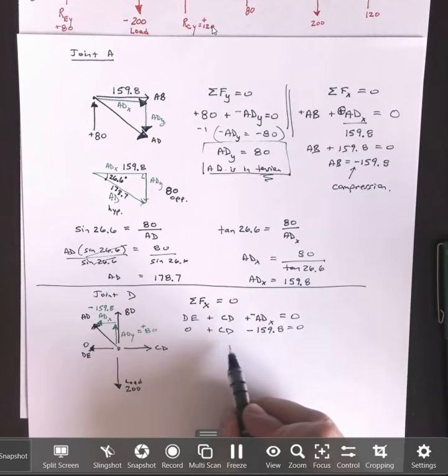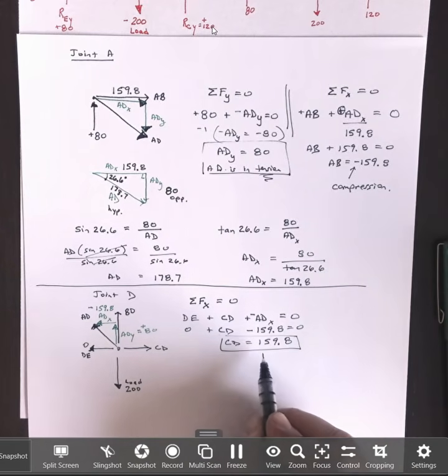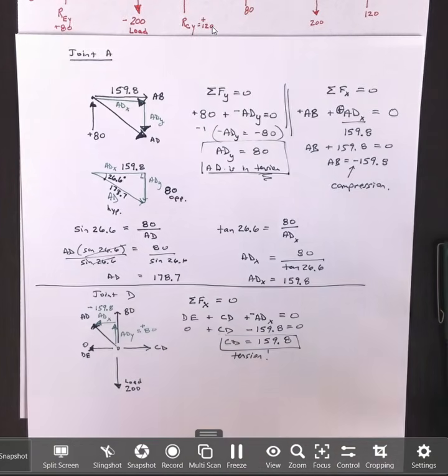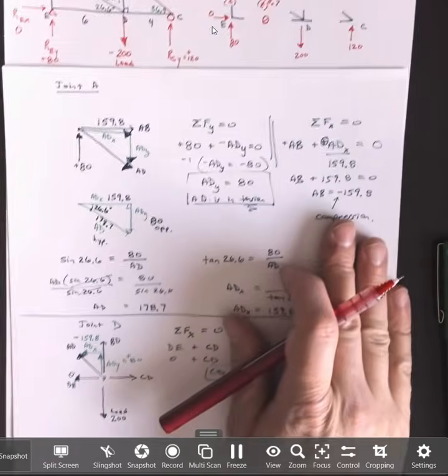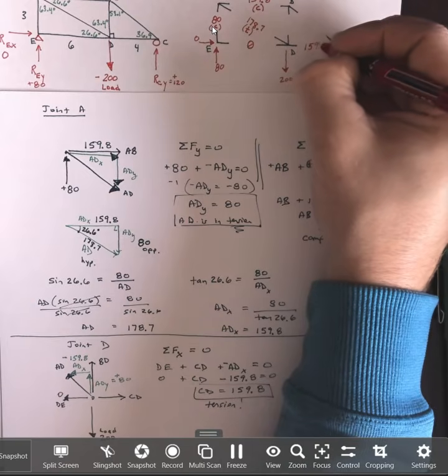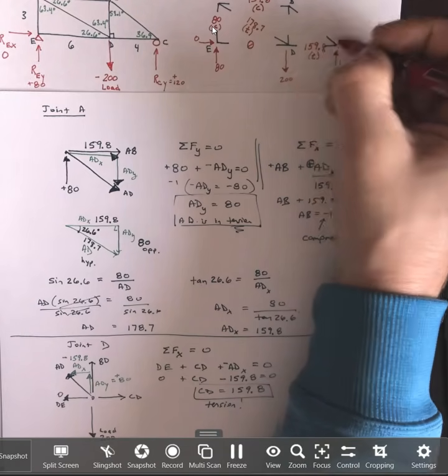Solving this, 0 plus CD is just CD. We add 159.8 to both sides. And it worked out to be a positive value, which means our assumption is correct, which is tension. So we're going to come back up here and fill in CD as 159.8 with a T underneath for tension.